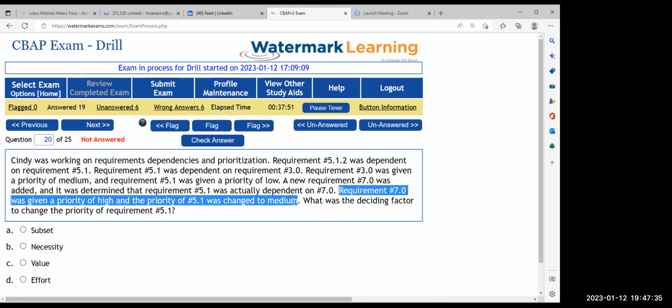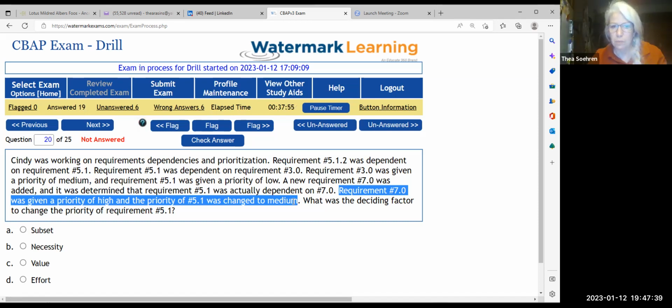So the level of effort for 5.1 was changed to medium because the thing that it was dependent upon was changed to a high. The dependency between the two is described. A new requirement 7 was added, and it was determined that requirement 5.1 was actually dependent on that 7. So is that a subset, necessity, value, or effort?